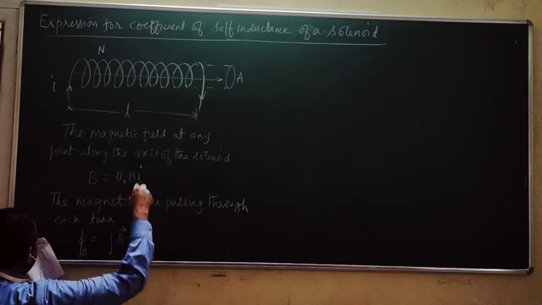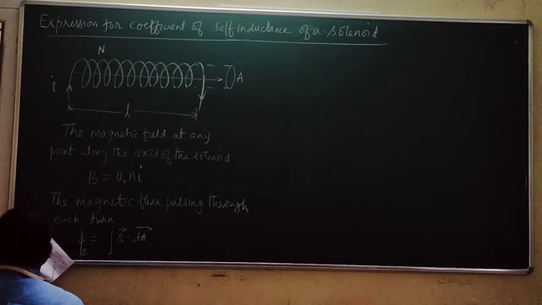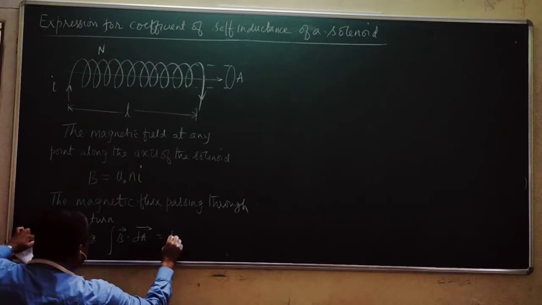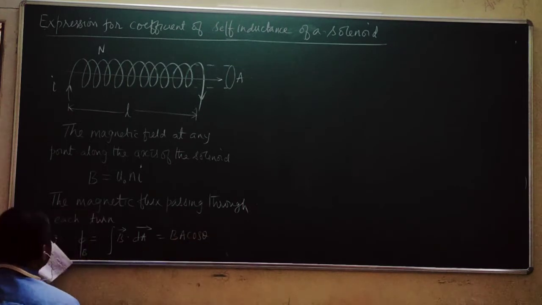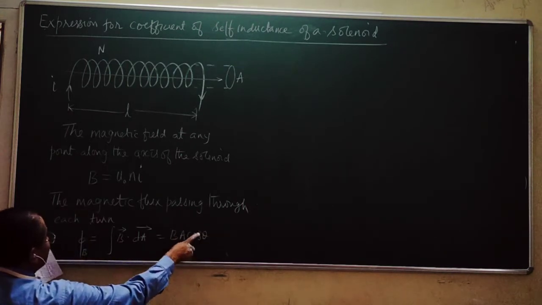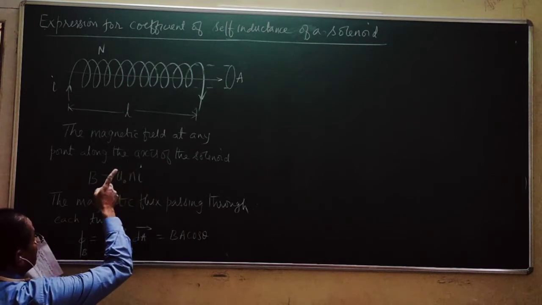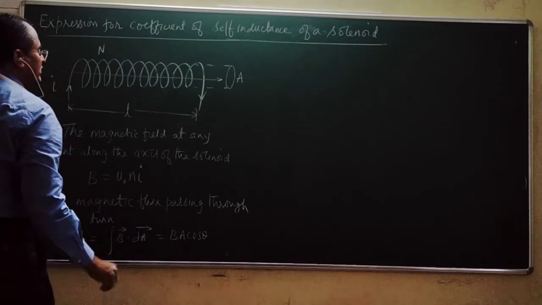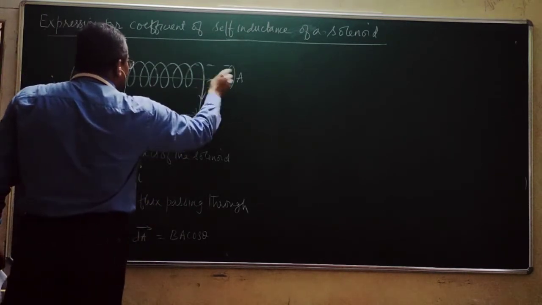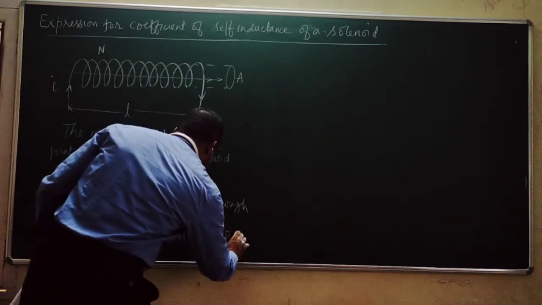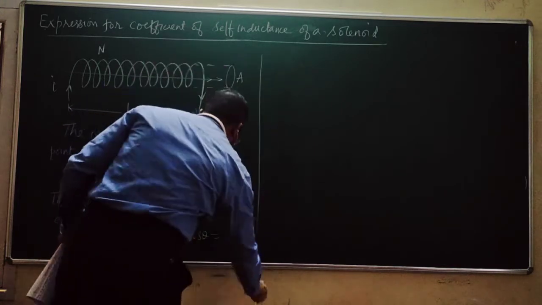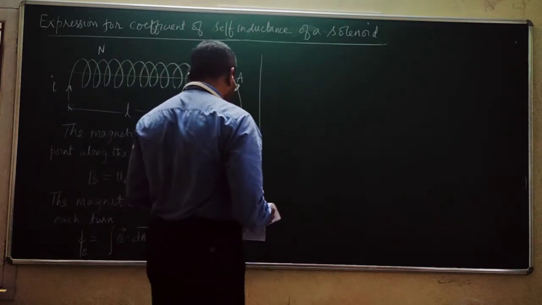I am taking A as a vector, okay? Then I will write this as B dA cos theta. Theta is 0 because the area vector and the magnetic field vector will be pointing in the same direction. This will be equal to BA. Is that okay to you?